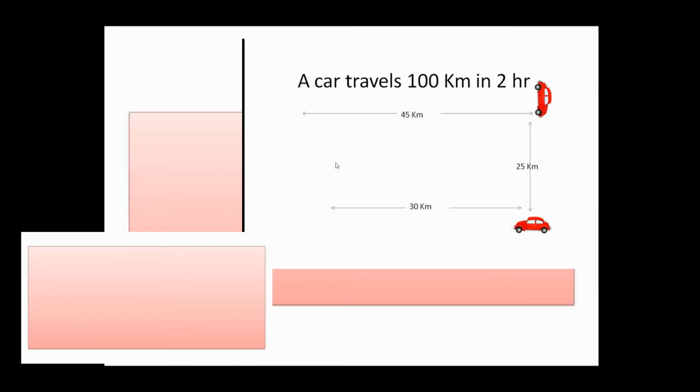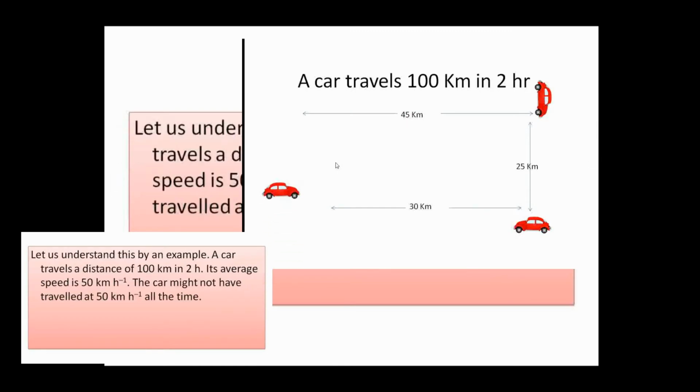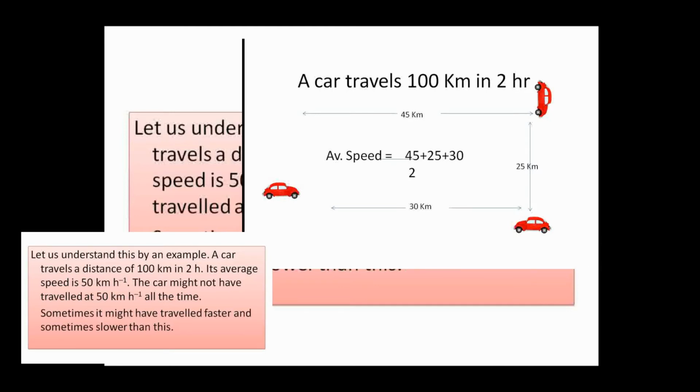Let us understand this by an example. A car travels a distance of 100 km in 2 hours. Its average speed is 50 km per hour. The car might not have traveled at 50 km per hour all the time. Sometimes it might have traveled faster and sometimes slower than this.